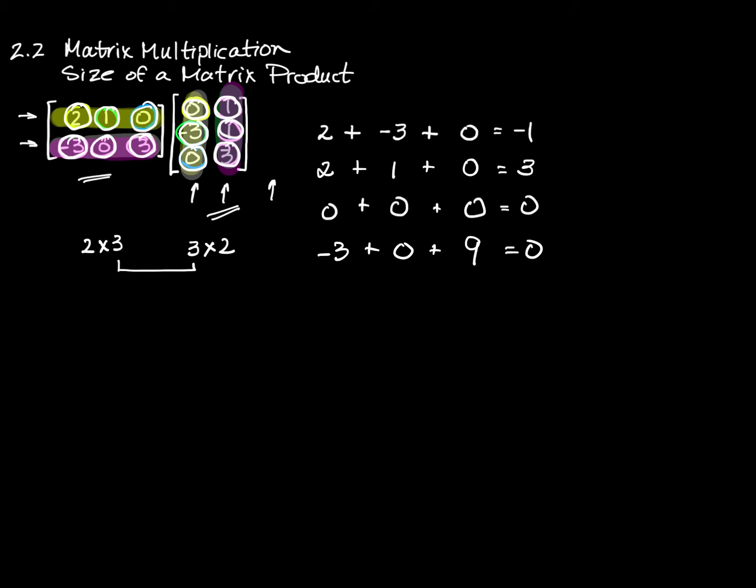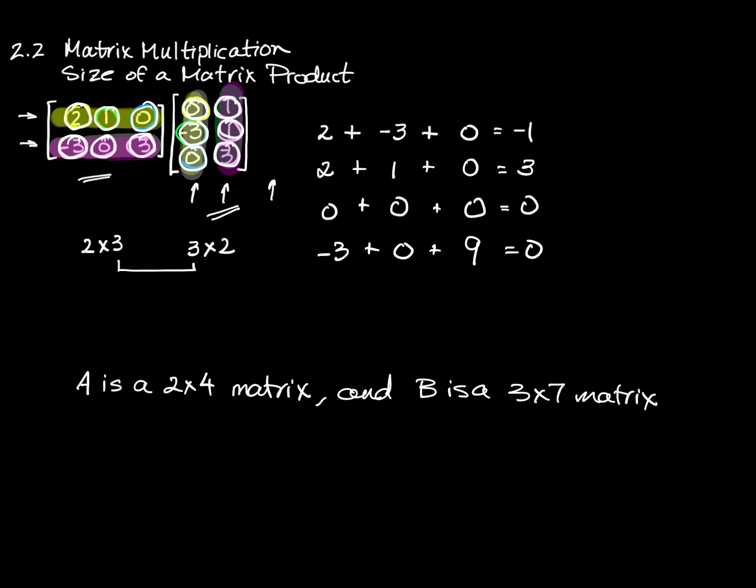So even without knowing what the matrices are, if I say A is a 2 by 4 matrix and B is a 3 by 7 matrix, find the product AB, I'll have to say that product does not exist because this 4 and this 3 are not the same number. I will not be able to perform this multiplication.